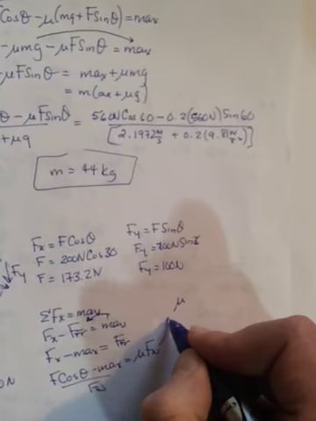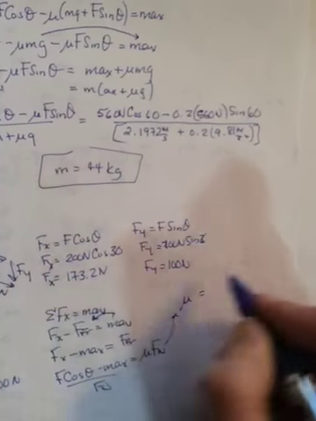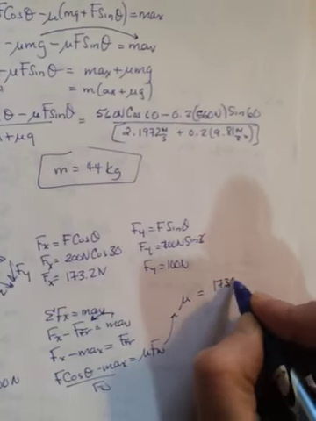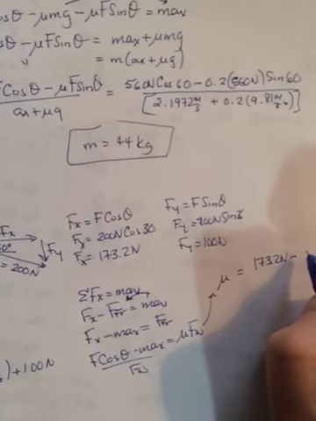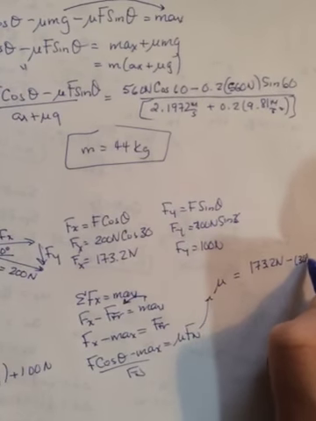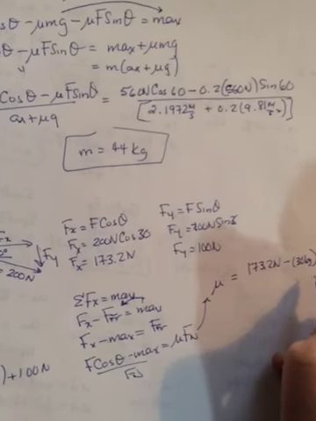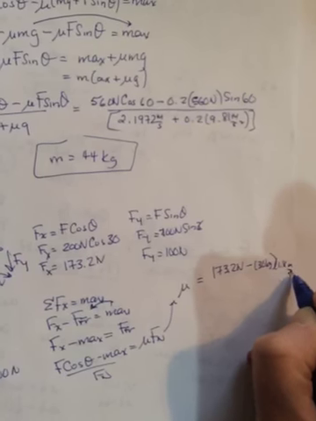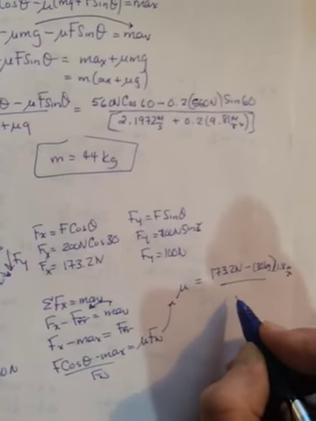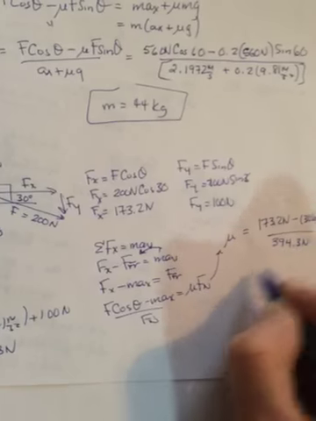So you'll have mu is equal to F cos theta, or Fx, so 173.2 newtons, minus m, which was 30 kilograms, times 1.8 meters per second squared, and that's going to get divided by your Fn, which you found over here, to be 394.3 newtons.